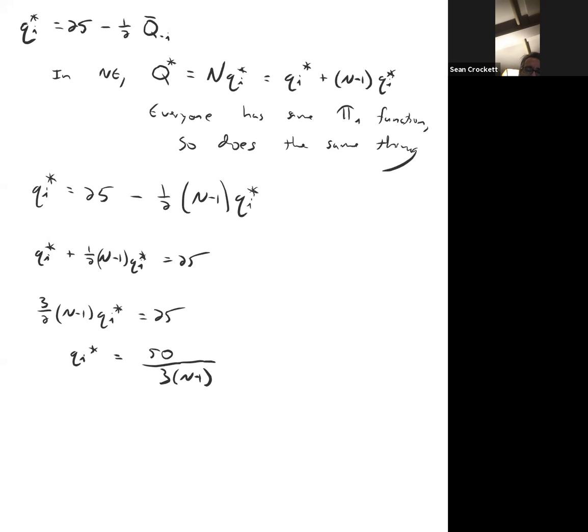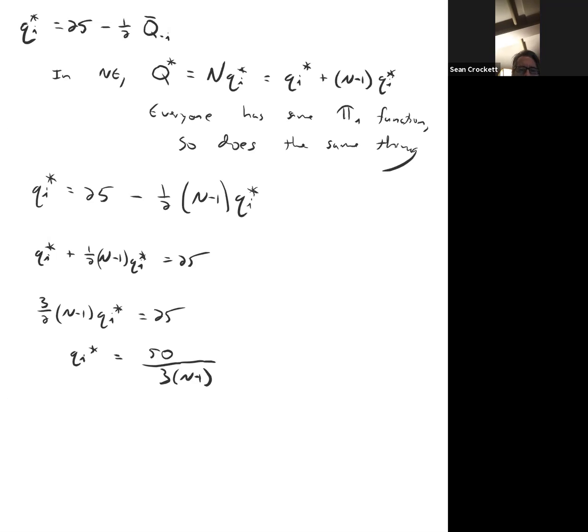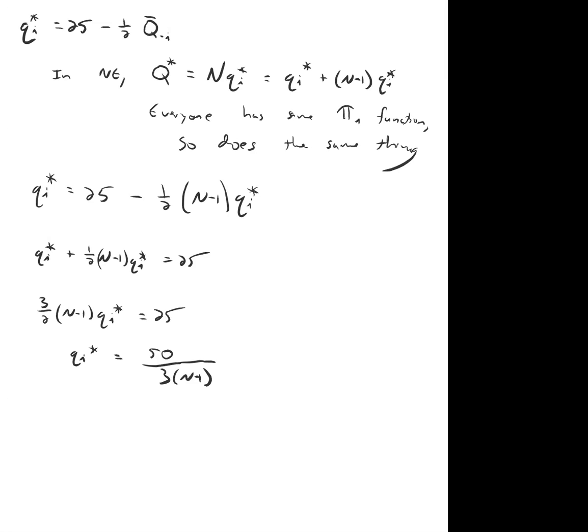And so as we add more firms, the output of each individual firm is shrinking, but the total quantity of the market is increasing, because it's going to be n times this amount. Although that also feels like I made a mistake somewhere. I think you plugged something in wrong. Yeah, it doesn't feel right. So let's see. Go ahead.